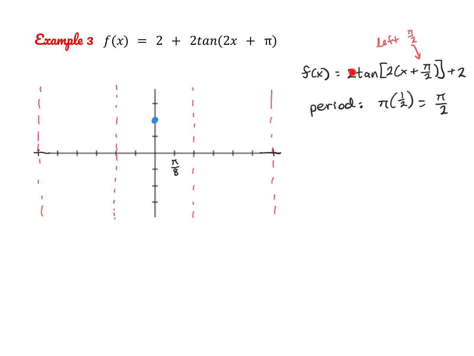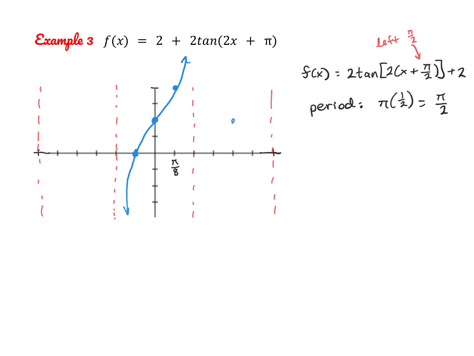However, we do have a vertical stretch by a factor of 2. So for the quarter way point here, we're actually going to go up 2 units here, and then on the other side for our quarter way point, we'd go down 2 units. So it looks something like this.